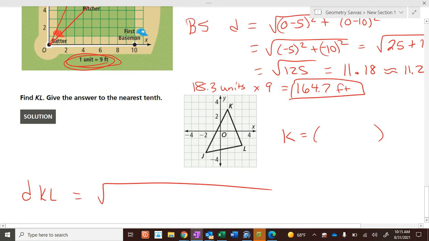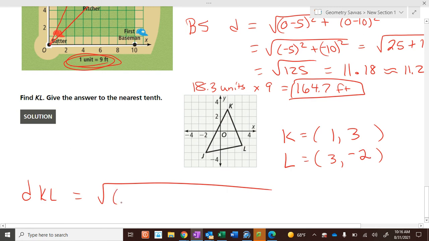Where is K at? Who haven't I called on? Isaiah. Where's K at? 1, 3. Very good. And where is L at? Braden. 3, 2. Not 3, 2, but 3, negative 2. Okay, careful with the negatives.